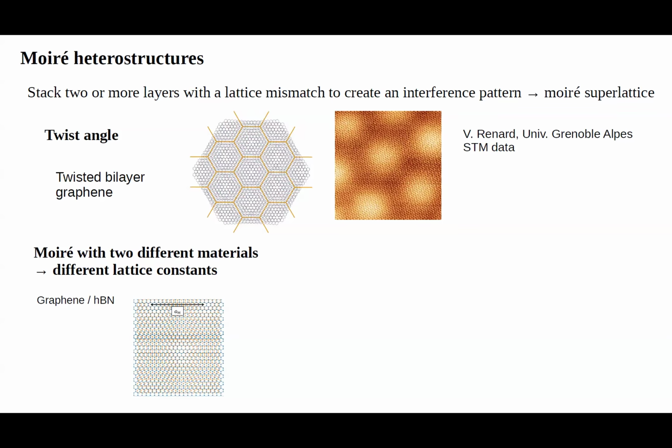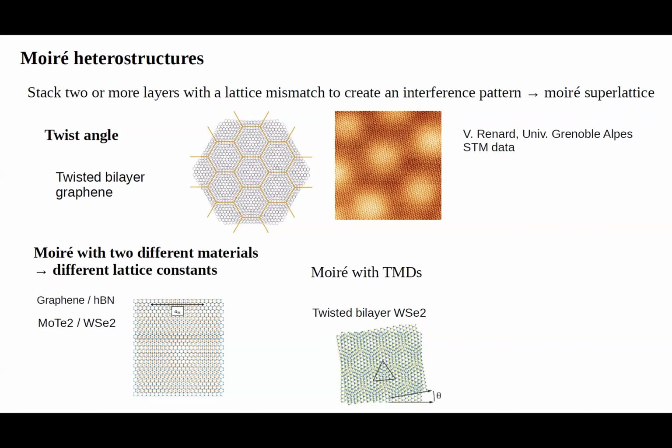So this will give you a moire because those two materials have a lattice constant that has a mismatch by about 10%. And you can also use TMDs, and you can do, for example, hetero bilayers of TMD. So one layer of one TMD material, another layer of another TMD material, and for the same reason, will give you a moire.